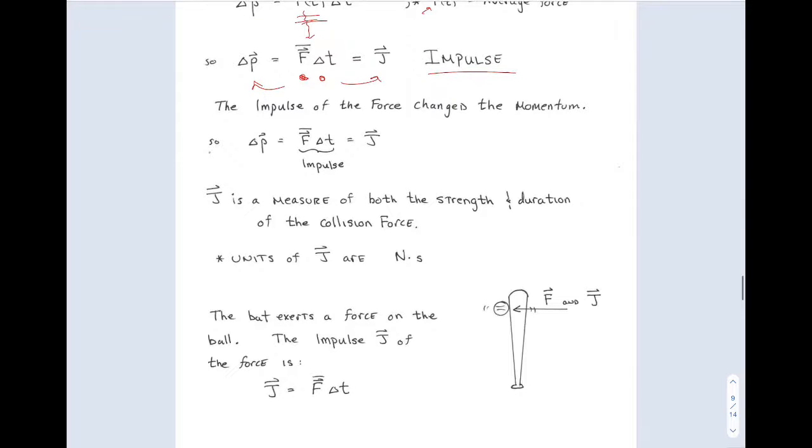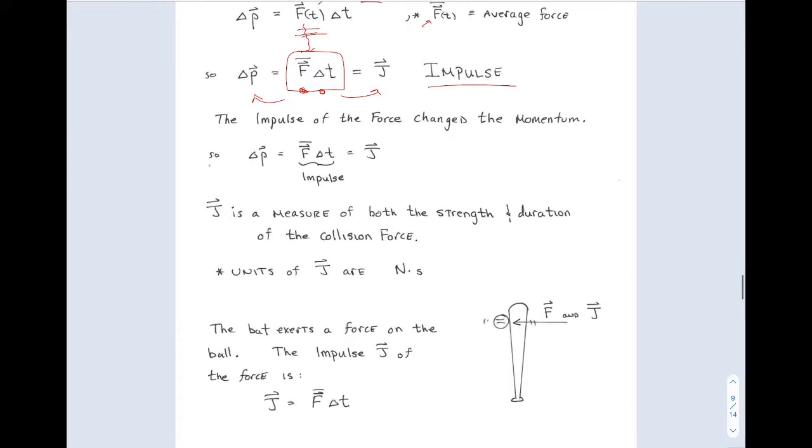Here's the reason why we have two different words. For a collision, let's say the bat hits the ball, the bat exerts a force. So we talk about the impulse of the bat force that changed the momentum of the ball. This quantity is called the impulse.